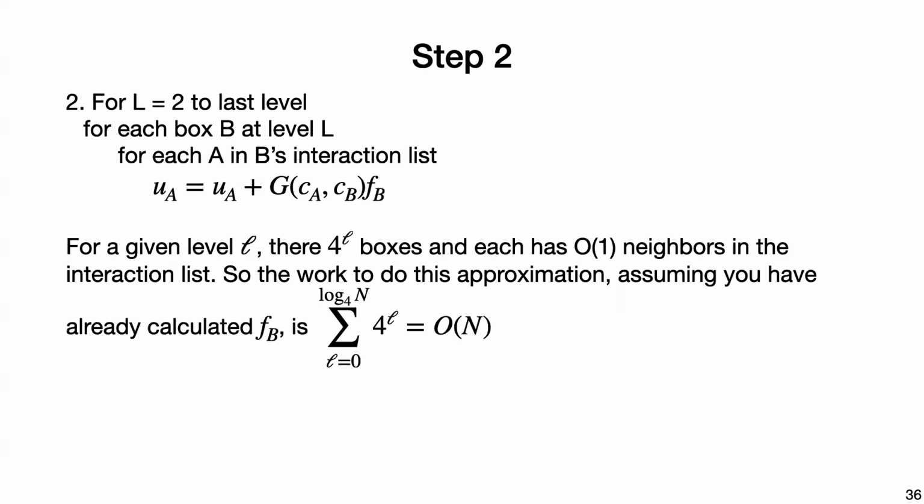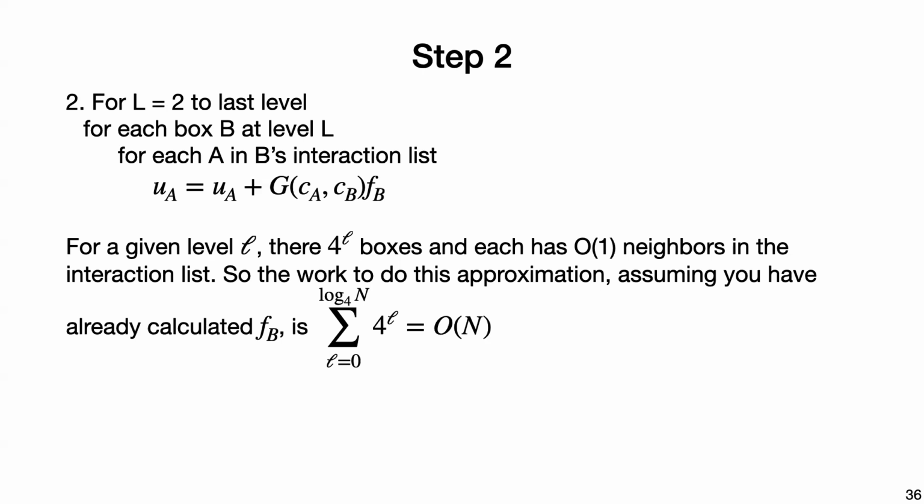For a given level, there are 4 to the L boxes. Each one has order 1 neighbors. And so the work to do this approximation, assuming that you have already pre-calculated the force of each box, is you just sum up over the levels. It's just powers of 4 growing up until log base 4. And we know that's just order n.